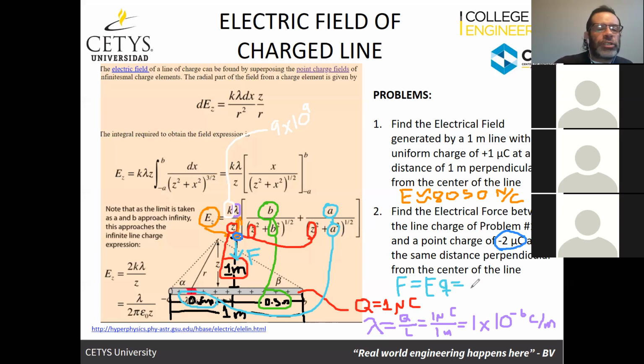Remember the multiplier, times 10 to the minus 6, the micro. So we've got the 8,050 electrical field, and now we put a charge there. What would be the force on that charge?